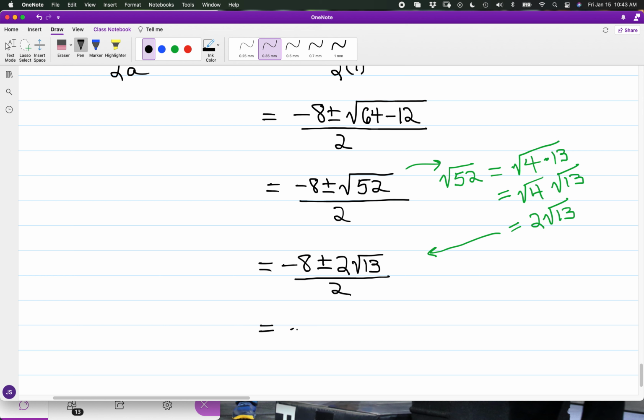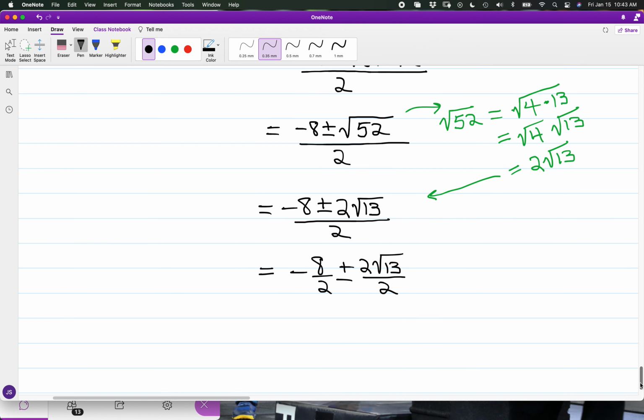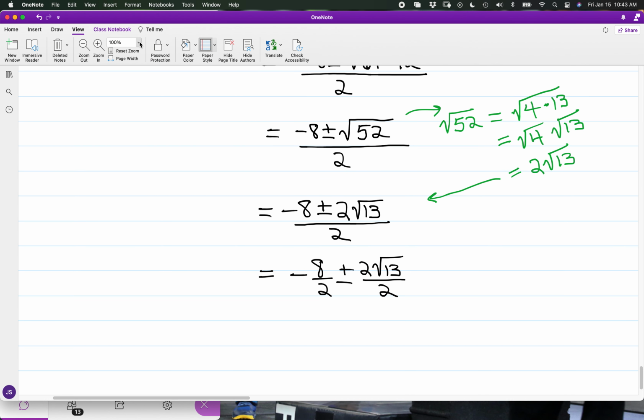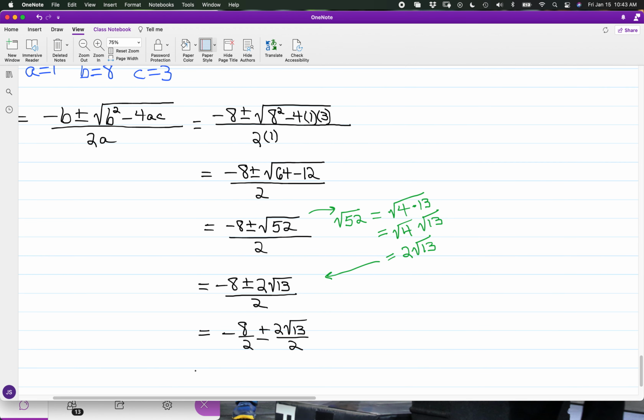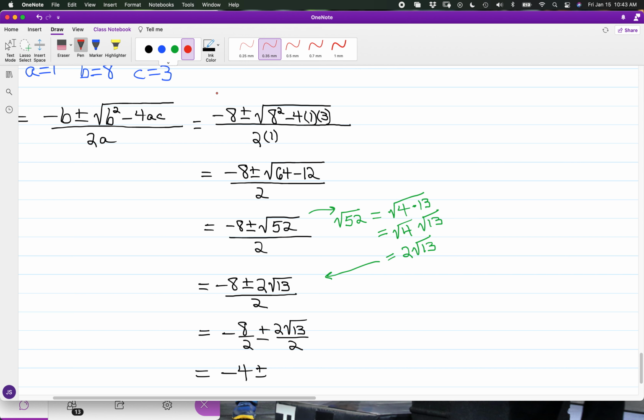And I can simplify this, and I'm just going to take these terms apart. So we have negative 8 halves plus or minus 2 times the square root of 13 all over 2. Now for the compact display, negative 8 halves will go to negative 4. We've got plus or minus. Now for 2 times the square root of 13 over 2, the 2's just go out.